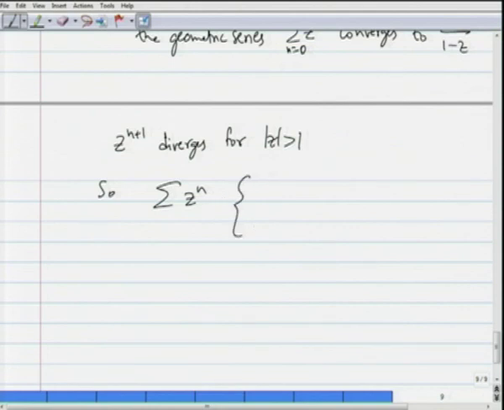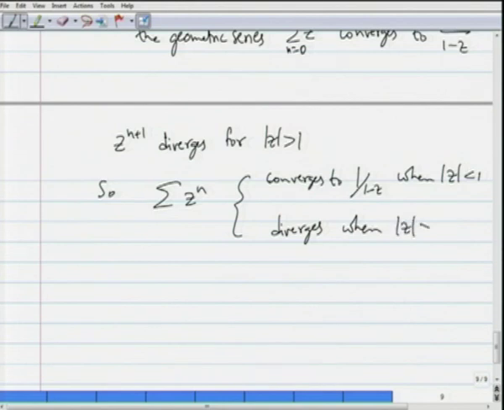It converges to 1 by 1 minus z when mod z is less than 1, and it diverges when mod z is greater than 1.